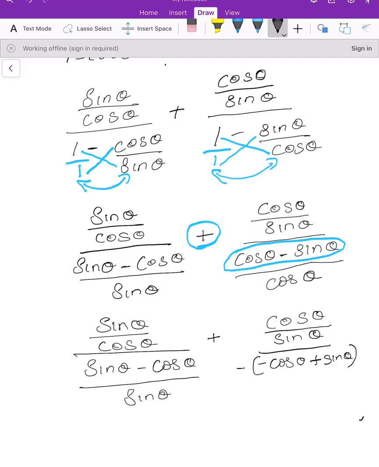If I multiply the sign inside, minus into minus is plus cos theta, plus into minus is minus sin theta, and I'll get the same thing. This minus I'll multiply with this plus, because this is the same. Minus into plus will become minus.